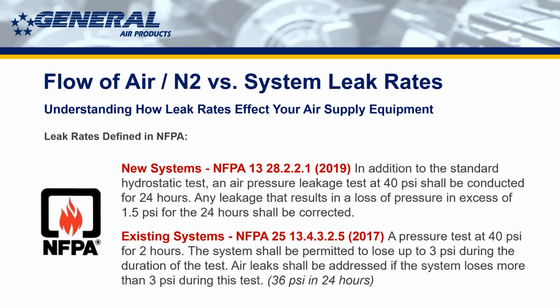We need what pressure the systems are going to be kept at, the volume of those systems, that sort of stuff. Then there's going to be a question on there: is this a new system or existing system? And that's telling us what our baseline allowable leak rate is. Because if you check existing system, then our baseline allowable leak rate is 3 PSI every 2 hours, which is what it should always be.